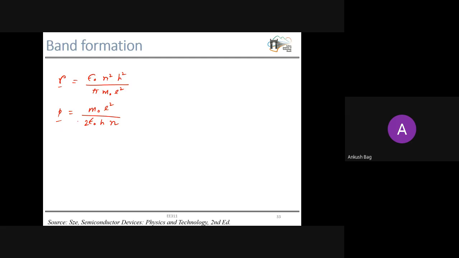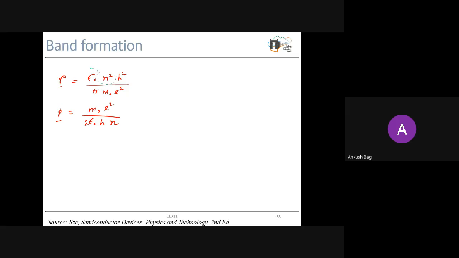Now, what is the significance of these two equations? What is the take-home message? What is the insight? If you look at these two equations carefully, all these values are constant. Let me take a different color, it will be easier for you to follow.